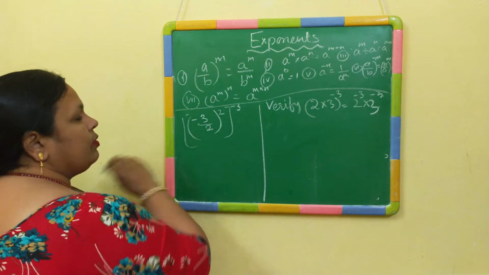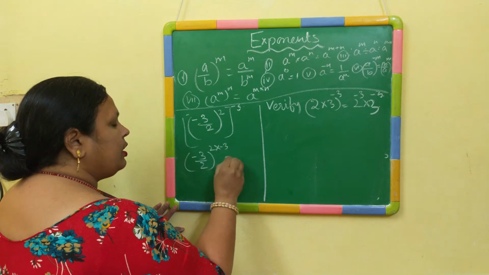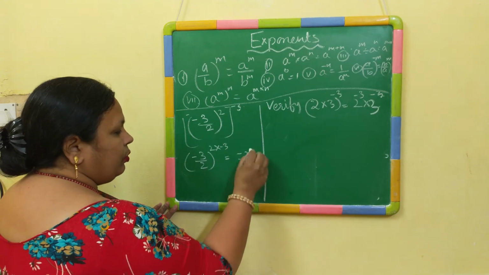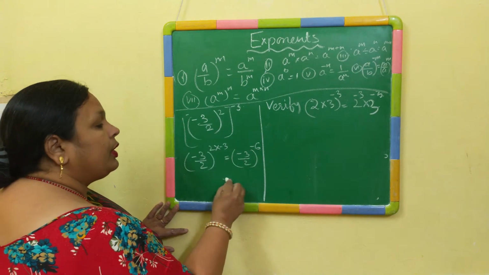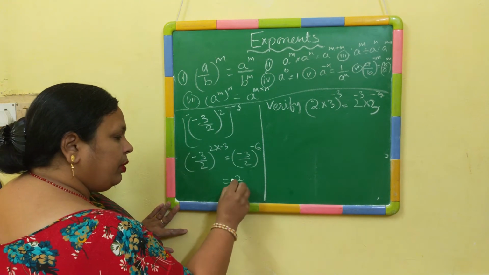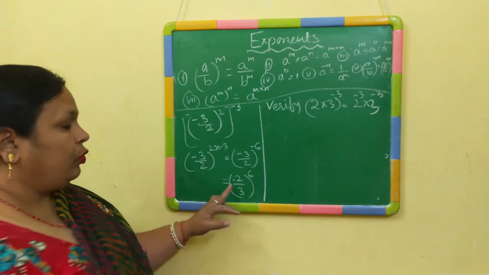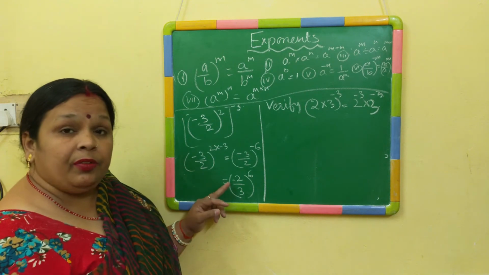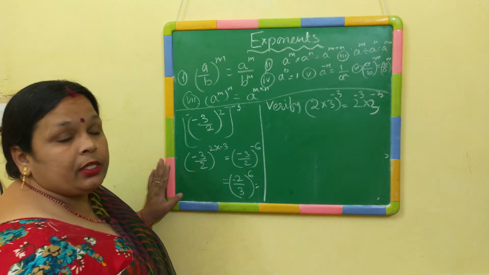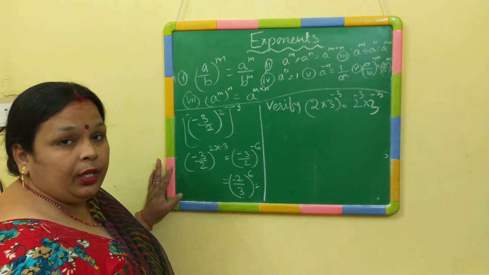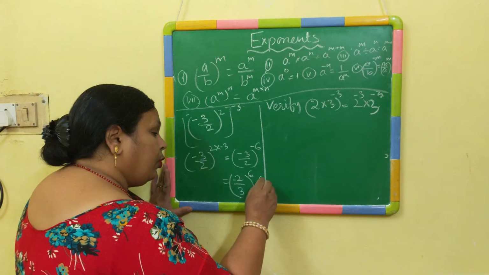We are going to use the 7th law. (-3/2)^2 into (-3) is (-3/2)^-6. 2 3s are 6 and the negative sign is there, so you will be changing it as 6. 2 power 6, as we have a negative sign and even power, the negative sign will go in the answer. 2 multiplied 6 times is 2 into 2 is 4, 4 2s are 8, 8 2s are 16, 16 2s are 32 and 32 2s are 64.